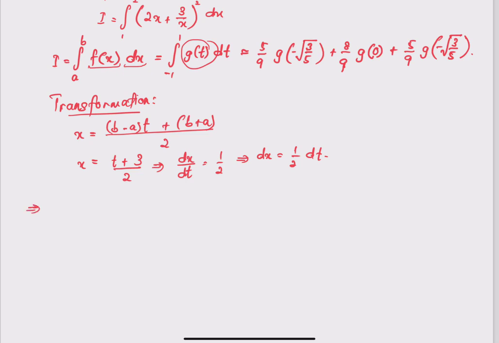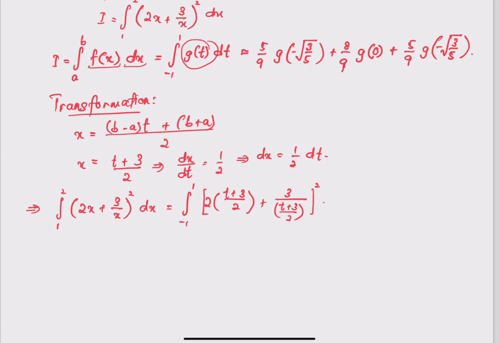So this implies that the integration from 1 to 2 of (2x + 3)/x² dx is equal to the integration from -1 to 1, where our x now is (3 + t)/2 + 3 divided by ((t + 3)/2) squared, and our dx is half dt.